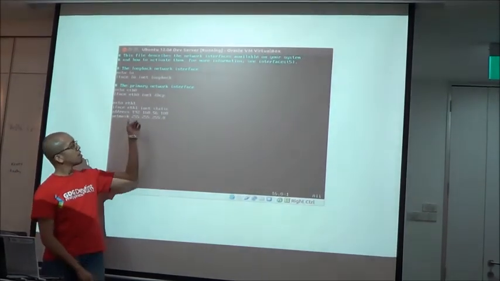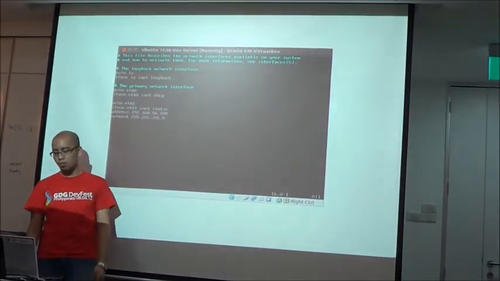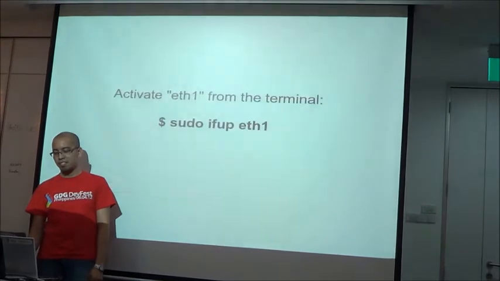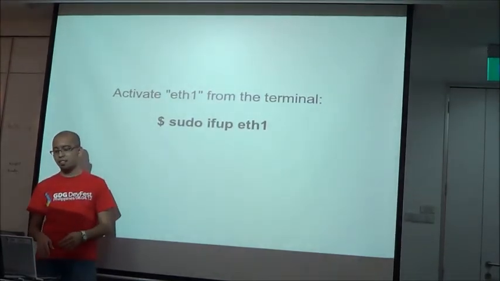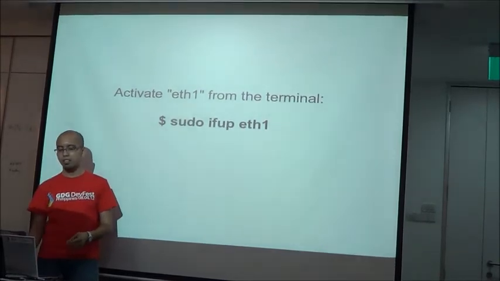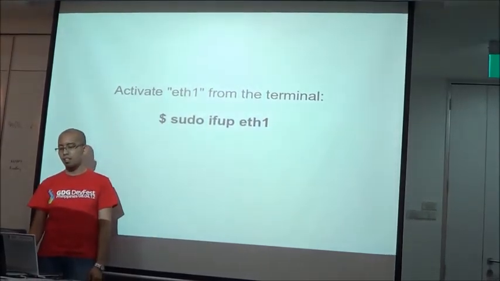And this is the IP that I've asked you to take note of. And then activate the secondary network interface through the command line. Just type sudo ifup eth1.